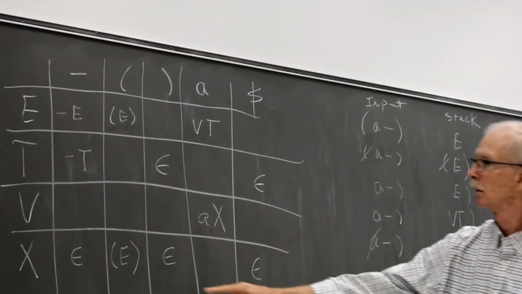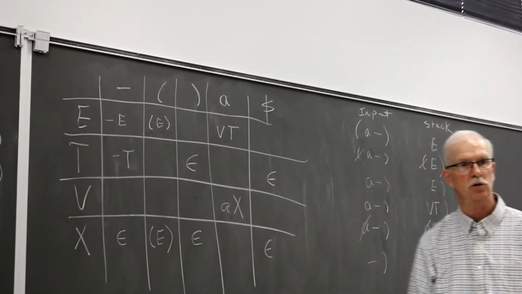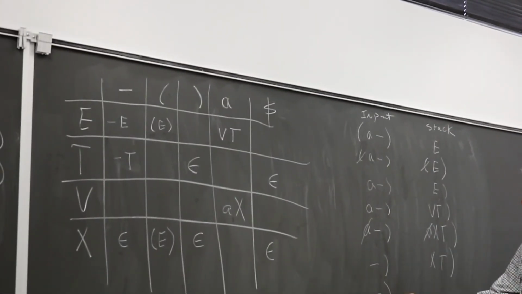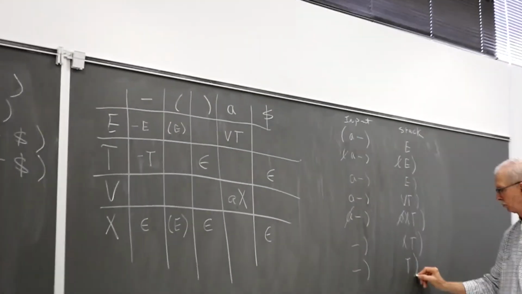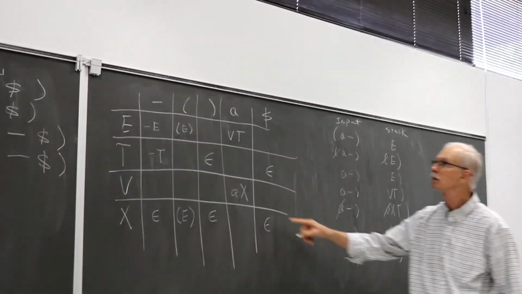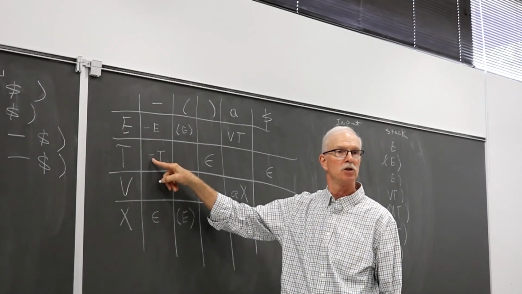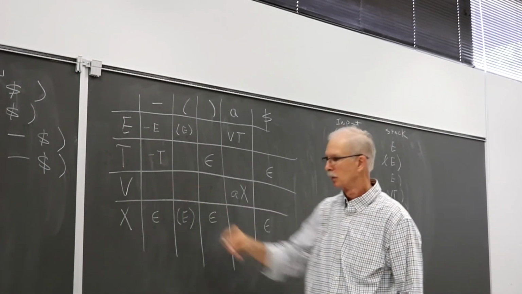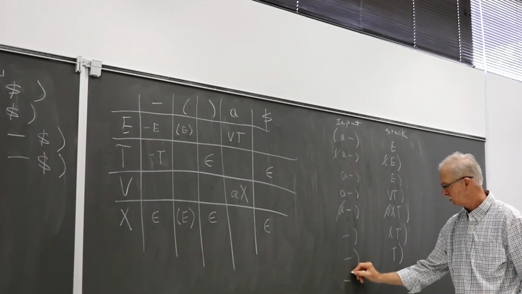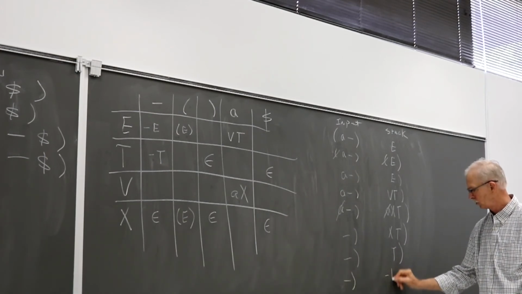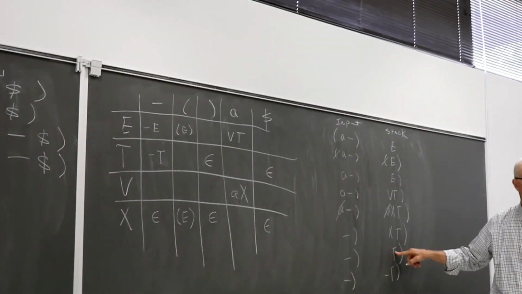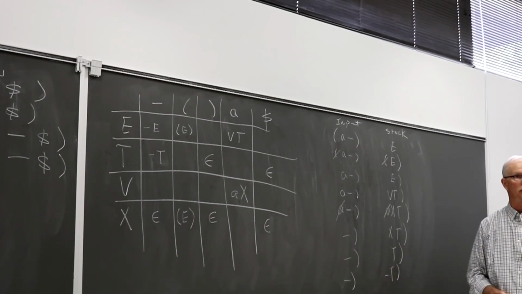X minus, empty, so the X goes away. Minus paren, T paren. T minus says replace the T by minus T. And so I get minus paren, minus T paren. I took that T off and I put a minus T on.